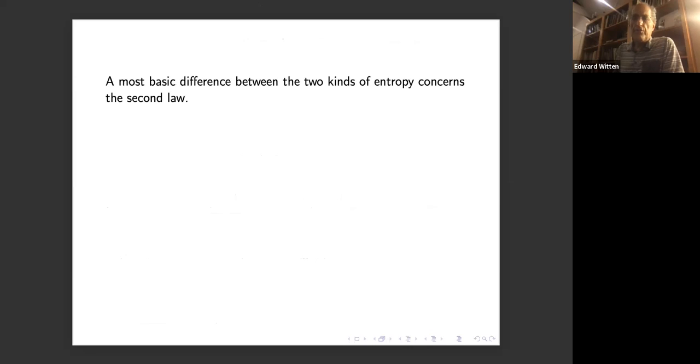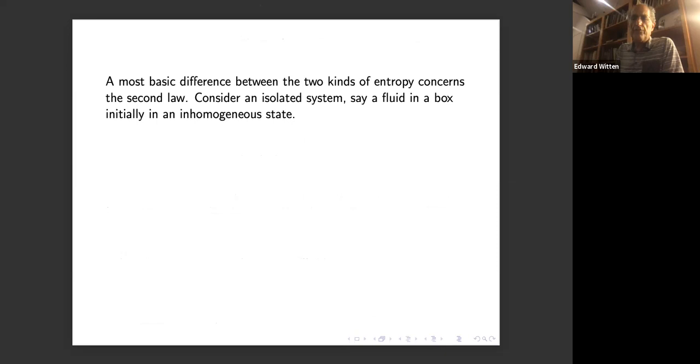So a basic difference between the two kinds of entropy concerns the second law. Consider an isolated system, say a fluid in a box, initially in an inhomogeneous state, but with local equilibrium. That means it everywhere has a well-defined pressure and temperature and velocity, though I've omitted that in the following remarks. But those are not constant, so it's not globally in equilibrium.